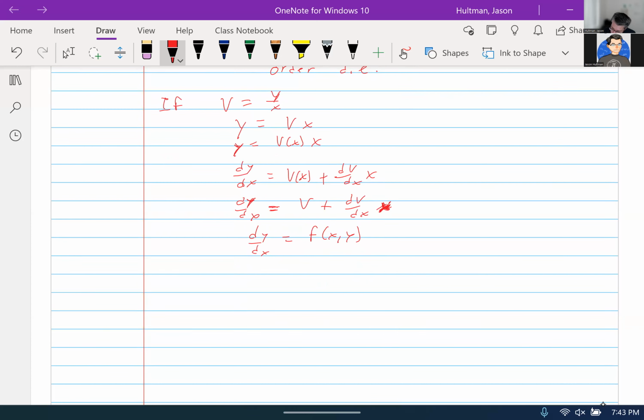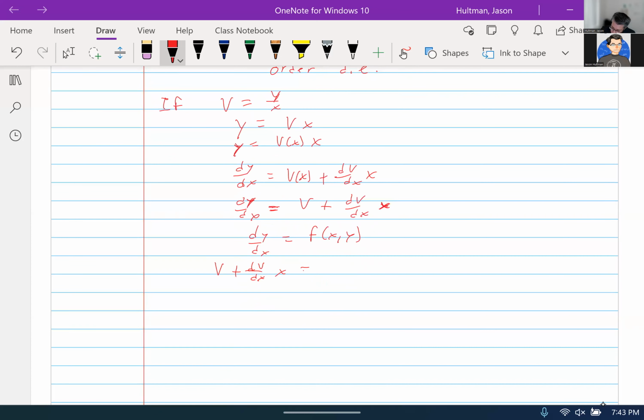Then what we can do here is say, well, dy dx is v plus dv dx times x. So we're setting up this substitution, this equality, so that we can do this substitution.